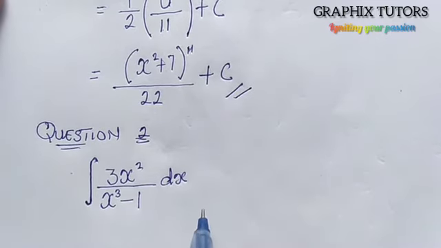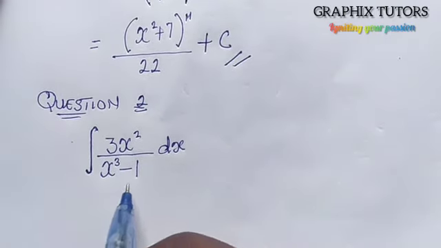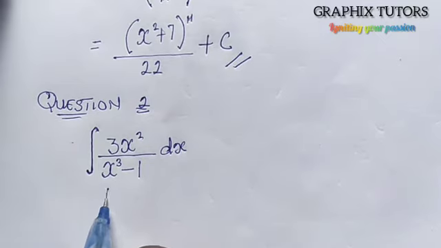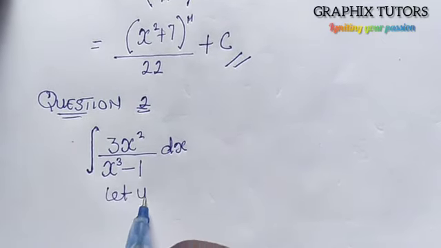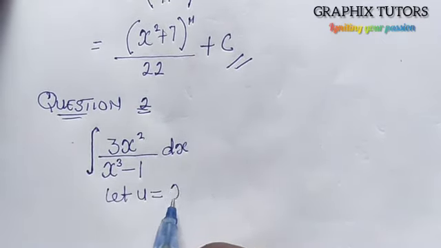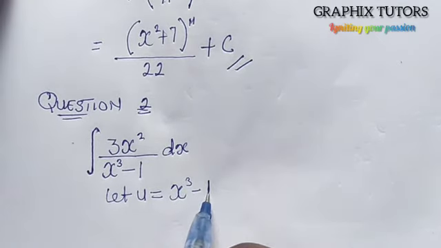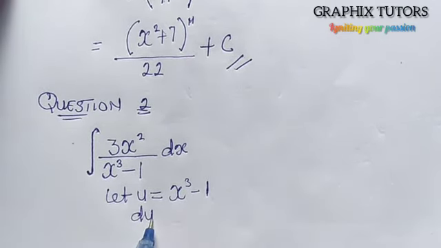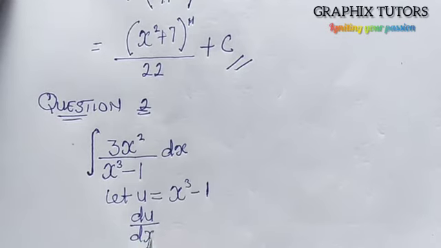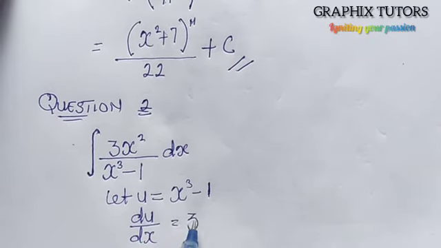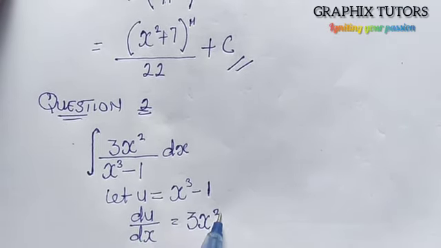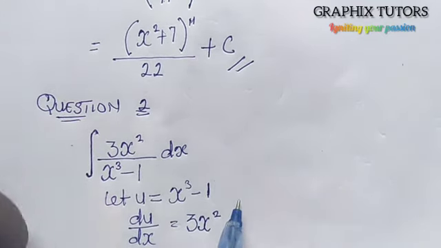So you follow a similar process. You say let u be equal to x cubed minus 1. Then you differentiate u with respect to x. So du over dx will give us 3x squared. The minus 1 is a constant to ignore.